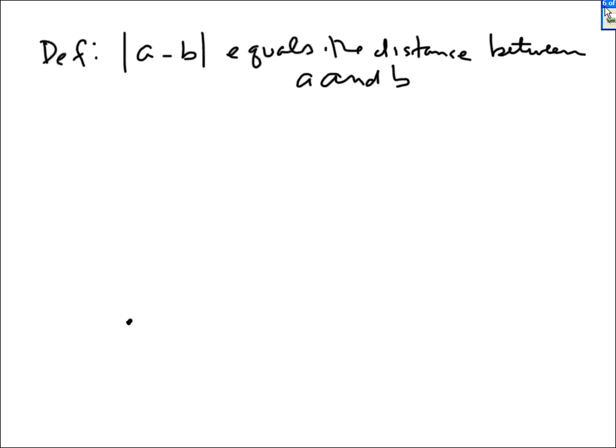Now, if you live here, I meant to call it H for home, and your school is over here, and somebody asks you how far is it from your home to school, you tell them 8 miles. I doubt very much that if somebody asked how far it is from your school to your home, you would say negative 8 miles.